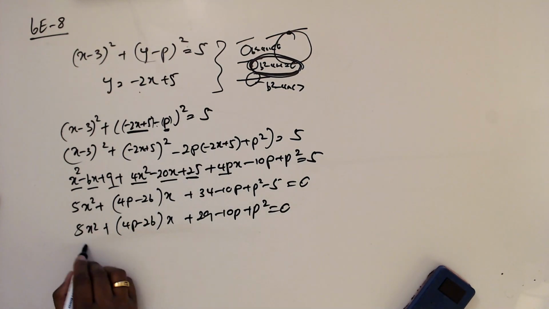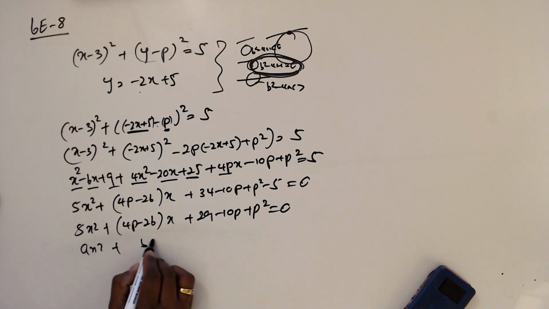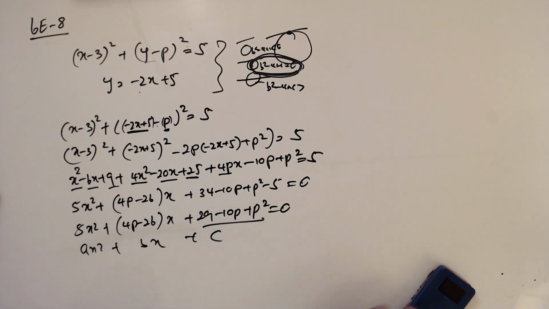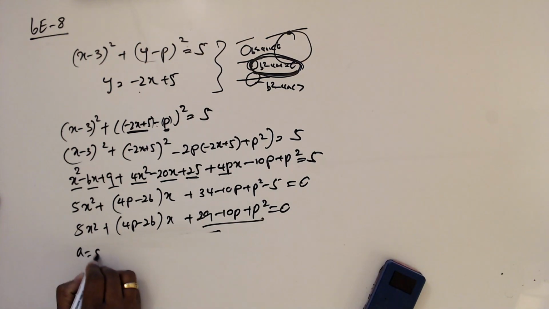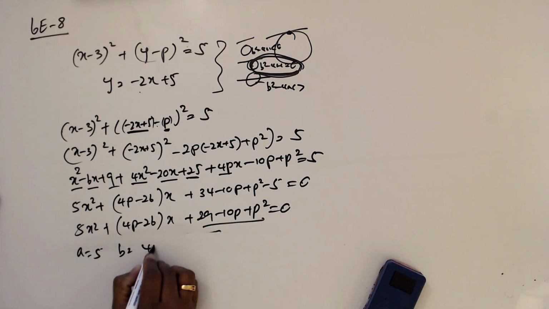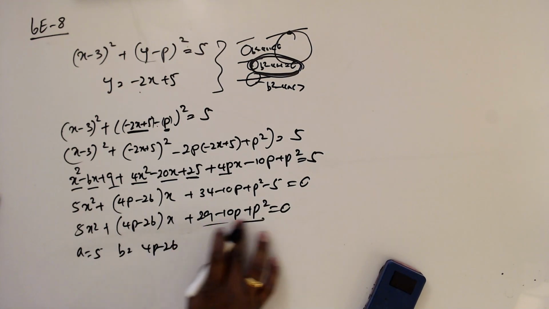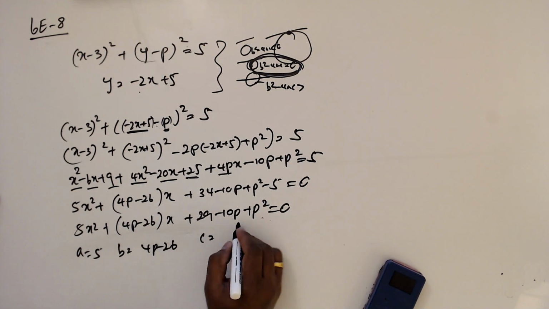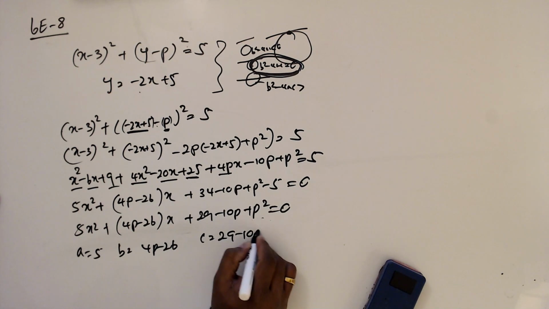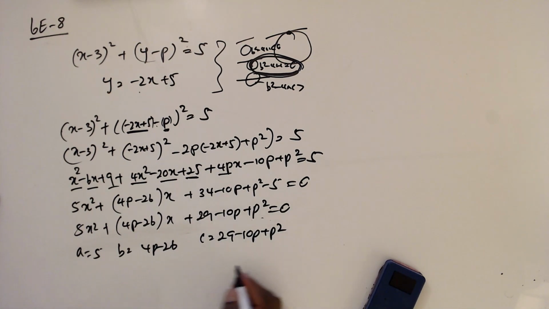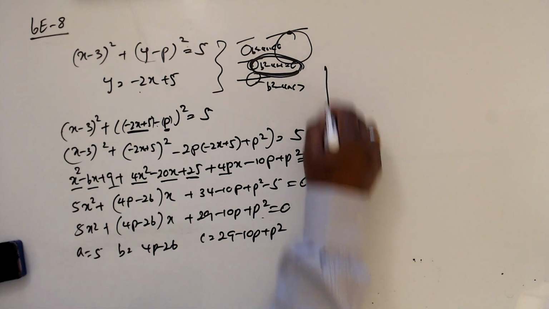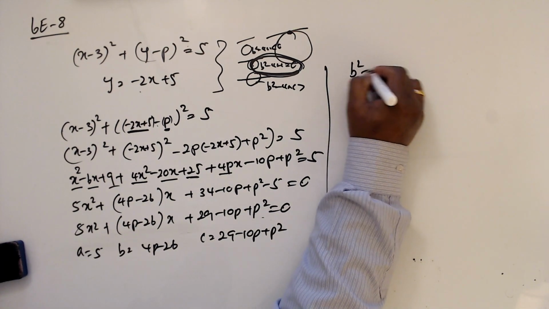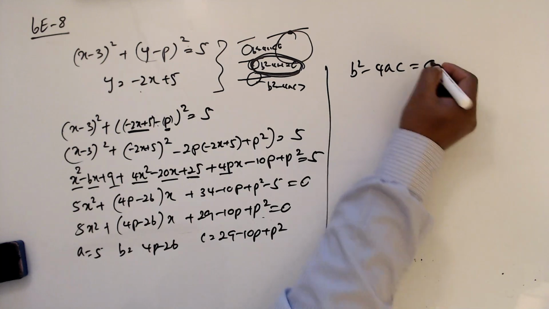Now this is the ax² + bx + c form. A is 5, B is 4p - 26, and C is 29 - 10p + p². Now we apply b² - 4ac = 0.